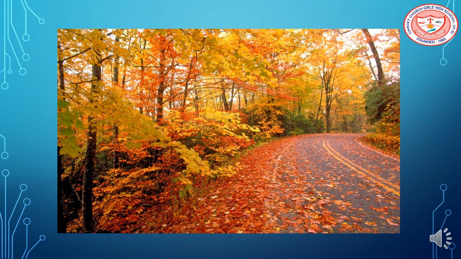Next, autumn. Autumn is the season of the year between summer and winter, during which temperatures gradually decrease. In autumn, the weather is neither too hot nor too cold. It is dry and windy.